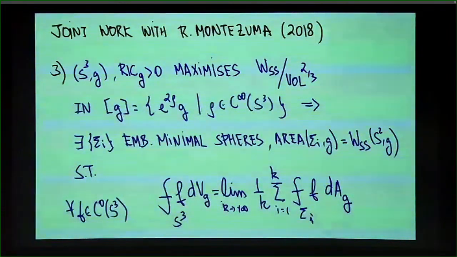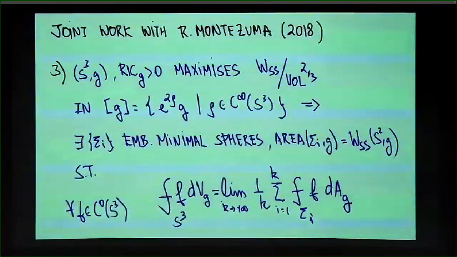And why do I say that this is an equidistribution property? Well, because let's try to show, for example, that at least one of the sigma i's in the sequence needs to intersect any arbitrary open set that you choose. Okay, so let me try to argue this.